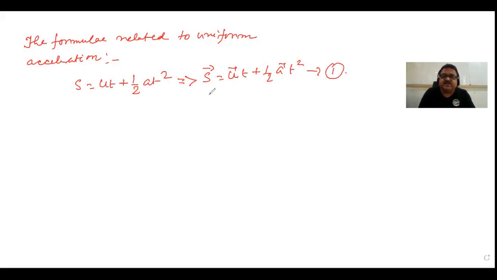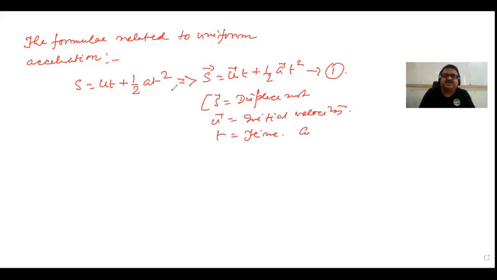Here, S represents displacement, u represents initial velocity, t represents time, which is obviously a scalar, and a represents constant acceleration.